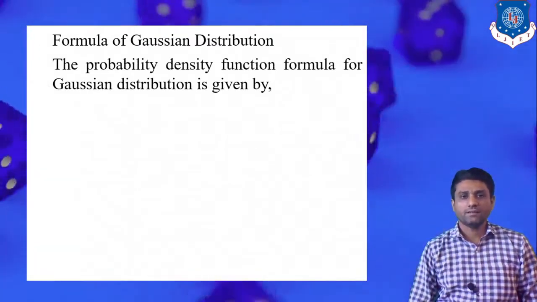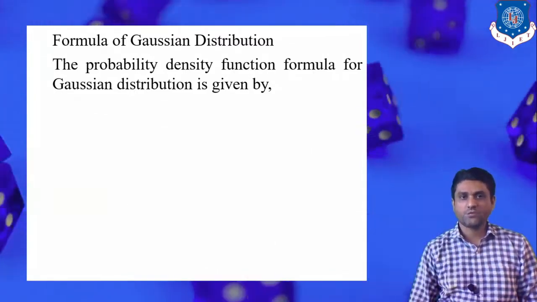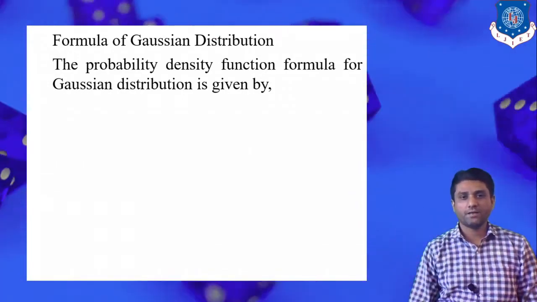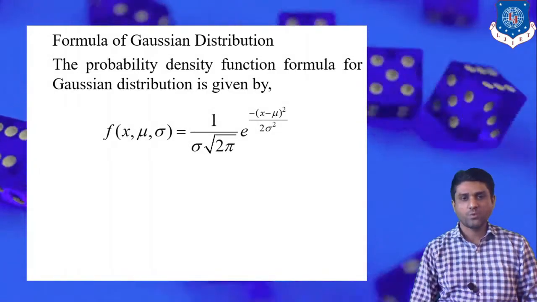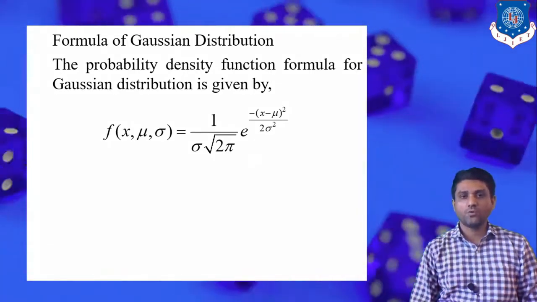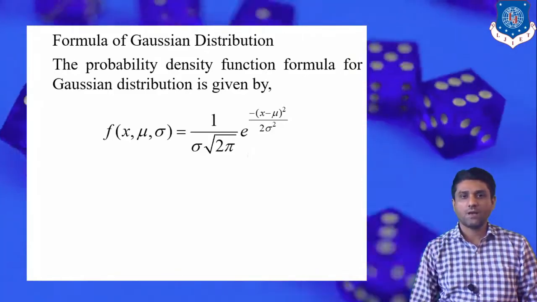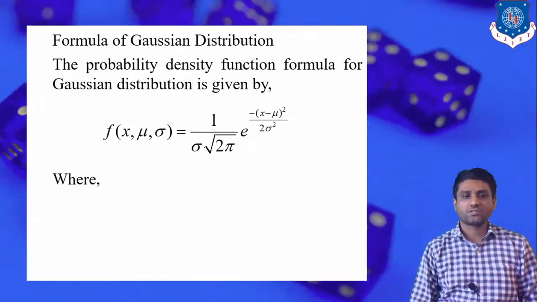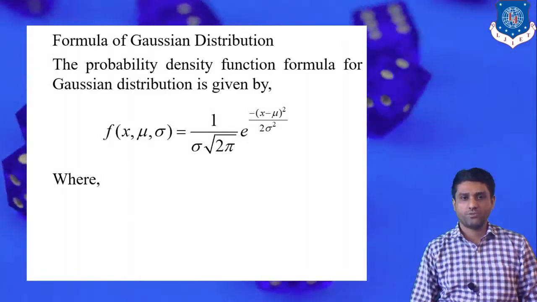We know that the probability density function, that is PDF, corresponding to the Gauss distribution is given by f of x, mu, sigma equals 1 upon sigma square root 2 pi into e raised to minus x minus mu whole square upon 2 sigma square, where x, mu and sigma are the parameters of this Gauss distribution.